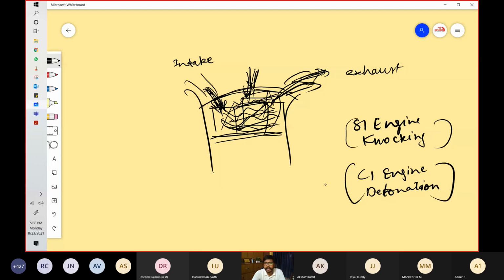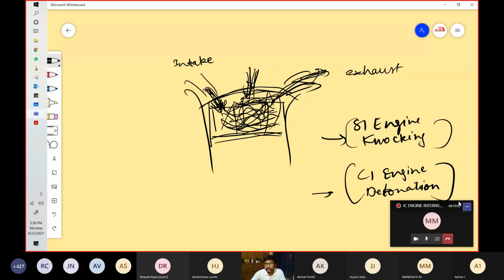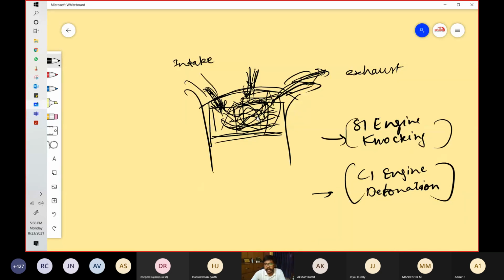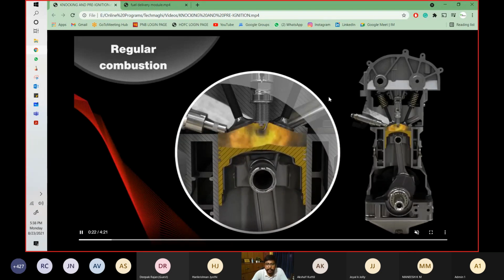So that causes knocking in the SI engine and detonation in the CI engine. It is basically the resultant temperature of the combustion chamber. It increases, and there is a time when it increases so much that even this could lead into the seizure of the engine. So I'll show you a video which tells the problem of the knocking, and a similar problem will happen in the diesel engine also.